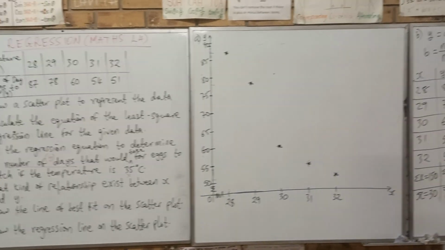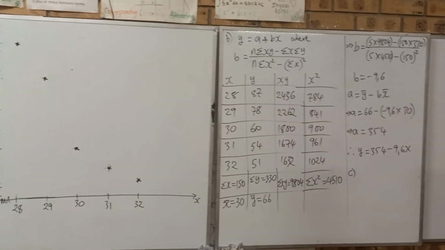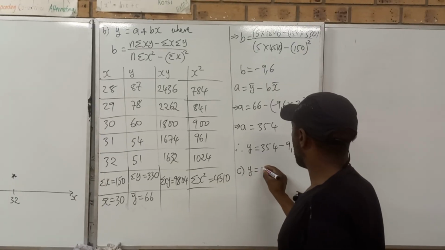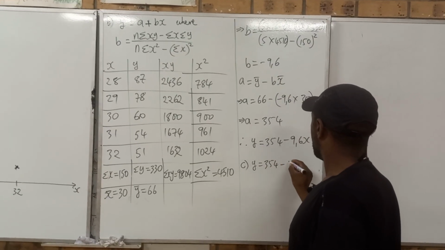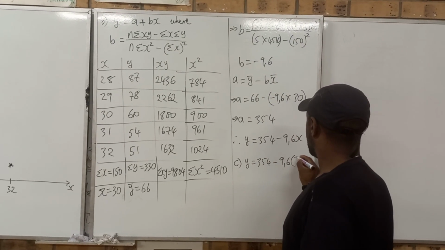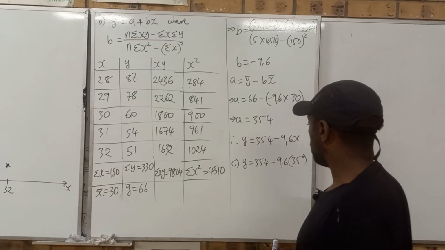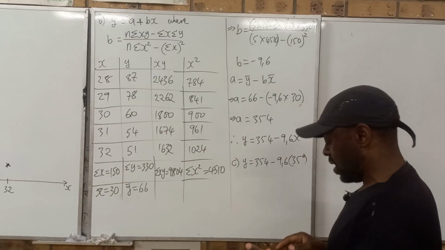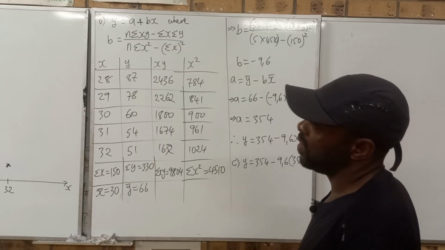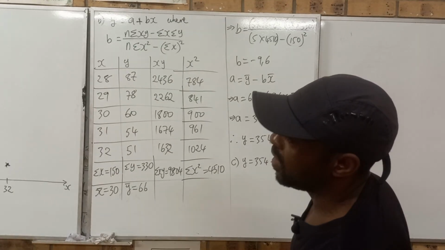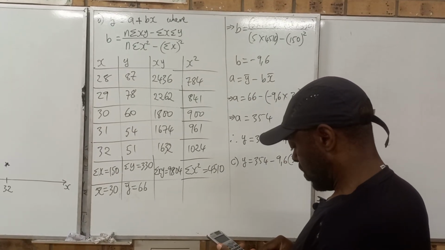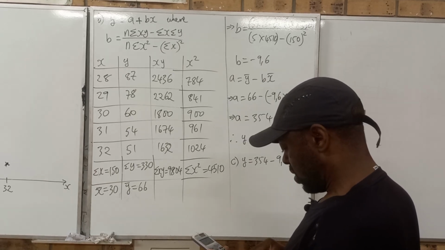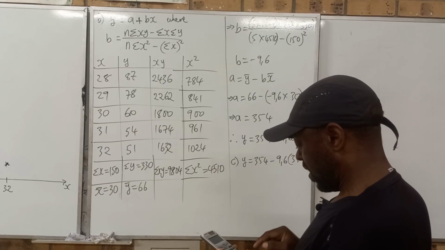So we want to use this information to do an estimate. So in this case, again, we are calculating y when x is given to us as 35. So when the temperature is 35 degrees Celsius, how many days will it take for the eggs to hatch? So we've got 354 minus bracket 9.6 times 35.